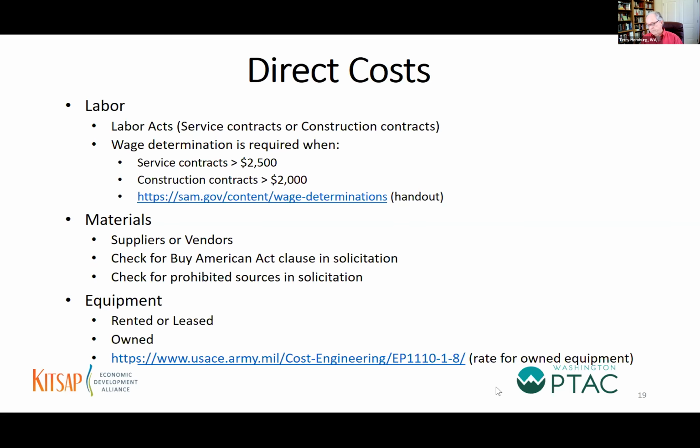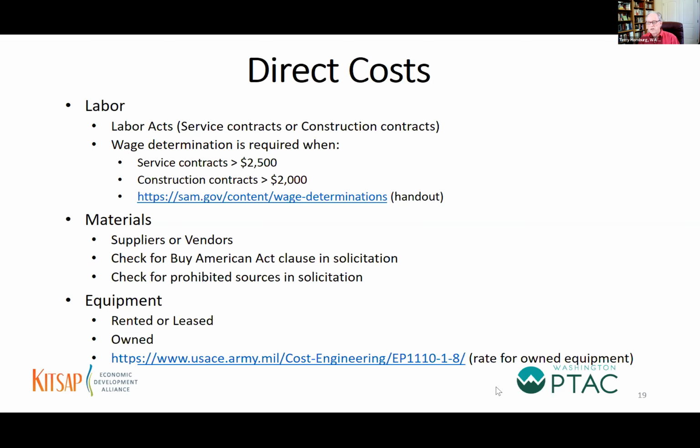That commonly happens because of a number of things. The contractor won the award and they may have put in pricing for a US company, but they're cutting corners to make more profit and they think they're going to get away with it. Or they didn't read the solicitation and find the Buy American Act clause in the contract, or they didn't see the listing of prohibited sources.